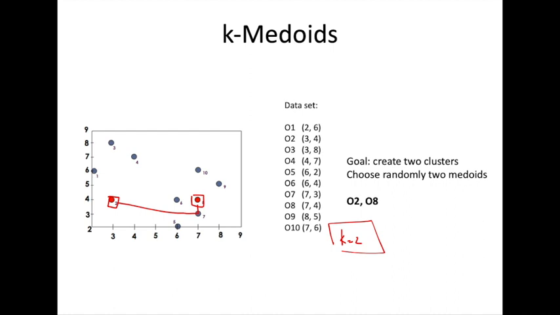And then we repeat this process multiple times. Take, for example, 1: computing the distance from 1 to 2, and the distance from 1 to 8, we see that 1 is going to be in the cluster of the representative point Medoid number 2, and so on and so forth.